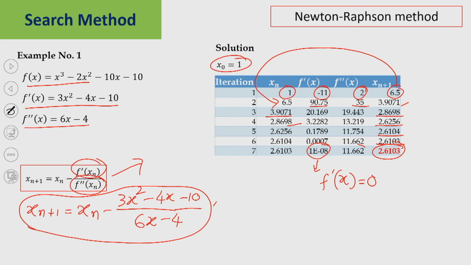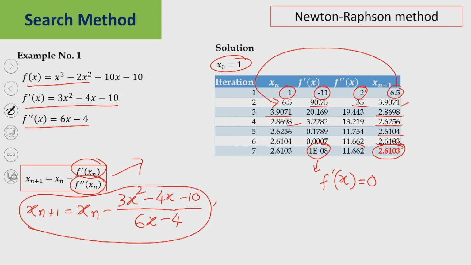Now, if you compare with the region elimination technique, you can see that with a few iterations I am getting a very good quality solution. With only 7 iterations I am getting the optimal solution almost, and the precision is 1 to the power minus 8. But the question is the computational complexity, that is, how many function evaluations you are doing.